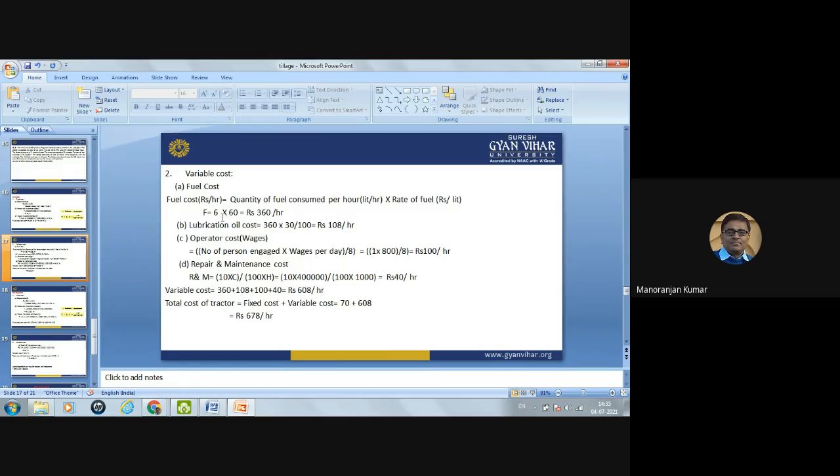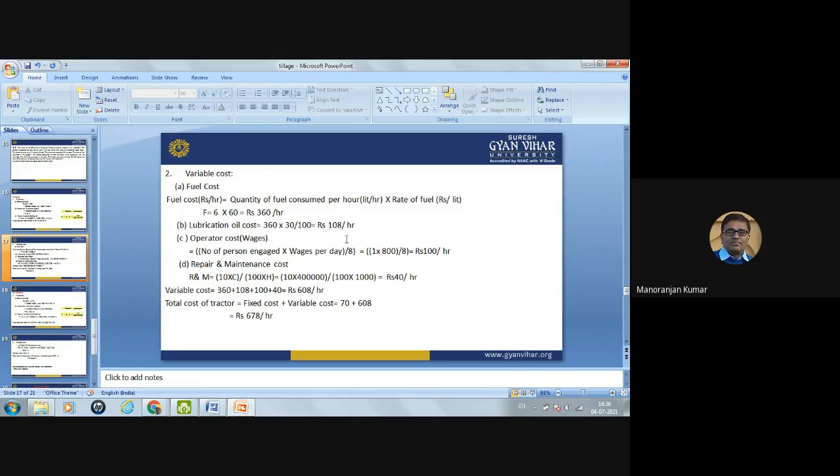The rate of the fuel is 60. So 6 into 60, 360 rupees per hour. And the lubrication oil cost is taken as 30% of the fuel cost. So 360 into 30 divided by 100 gives 108 rupees per hour.